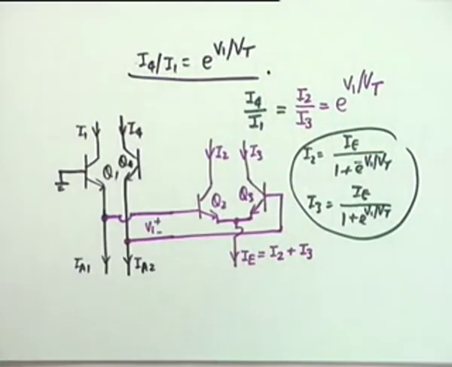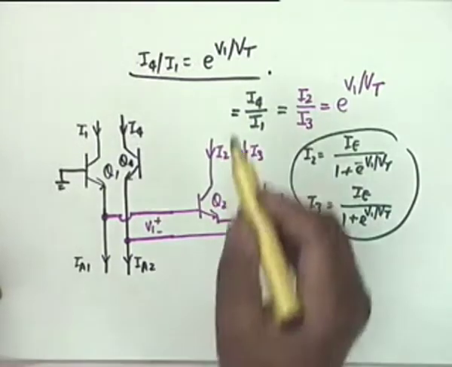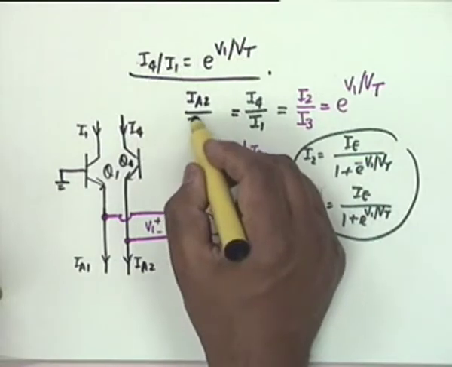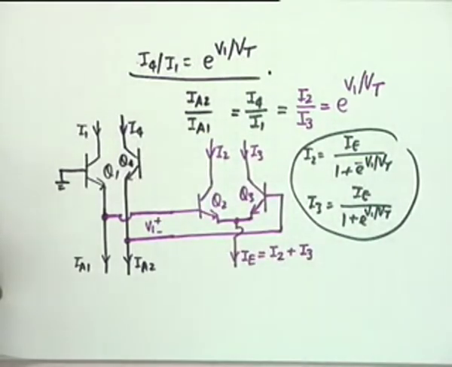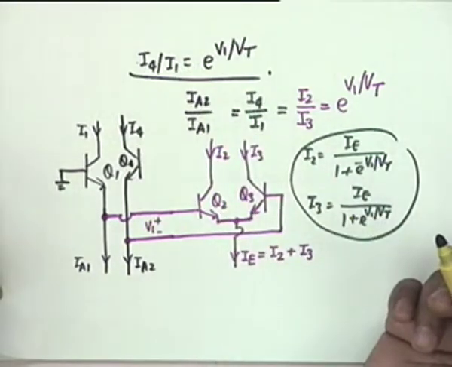All right? You must appreciate Gilbert, the way he arrived at the result. Now look what happens. If this is so, I4 by I1 is also equal to IA2 divided by IA1. All right? This is also equal to IA2 divided by IA1.